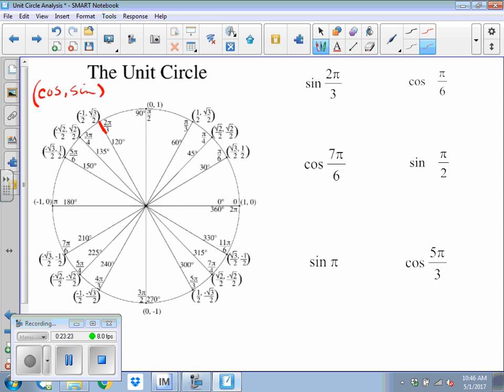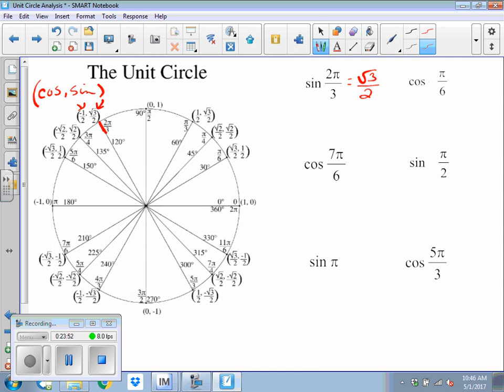Those are my coordinates. So if I want to know the sine of 2 pi over 3, it is square root of 3 over 2. Because this is cosine and this is sine. Okay? That's it.